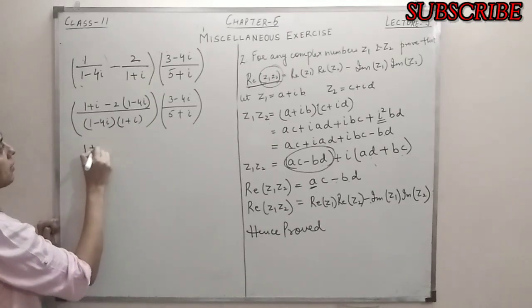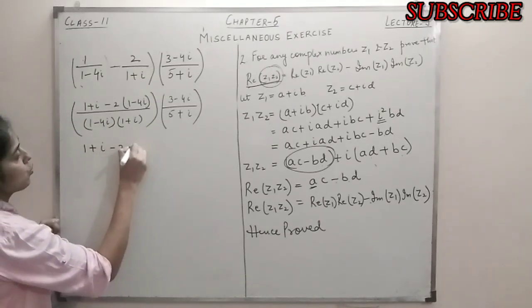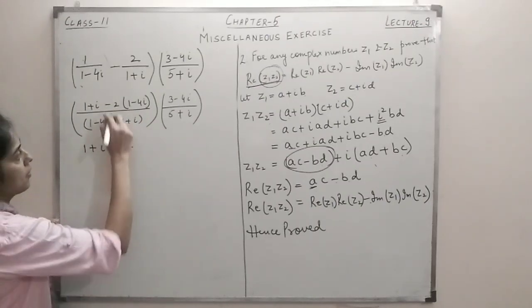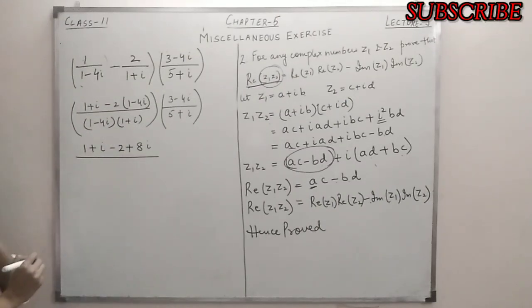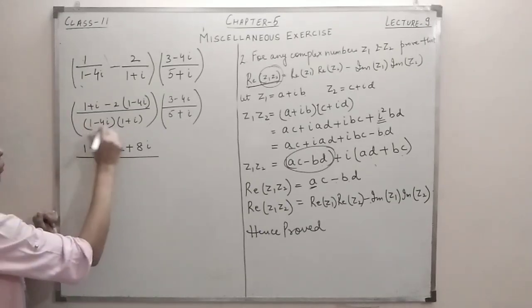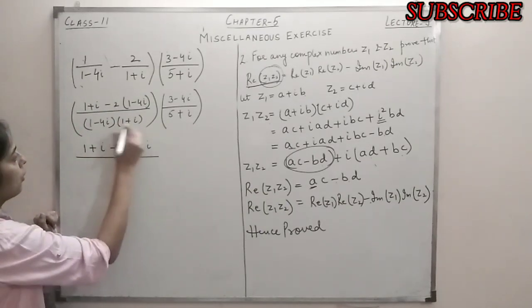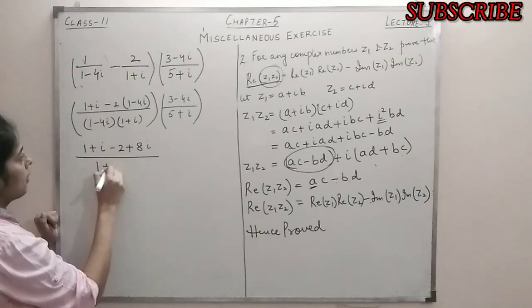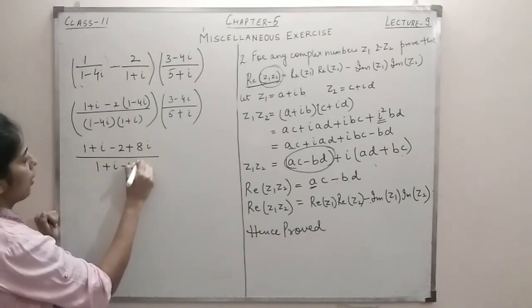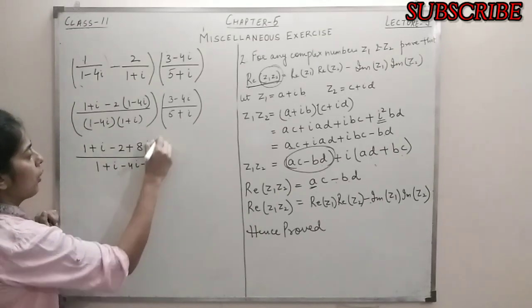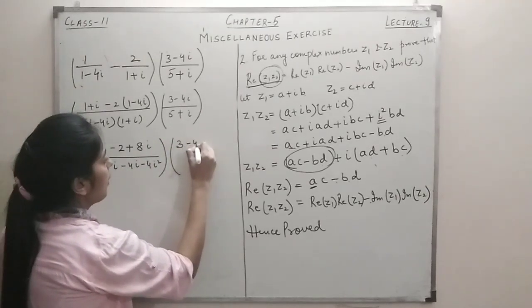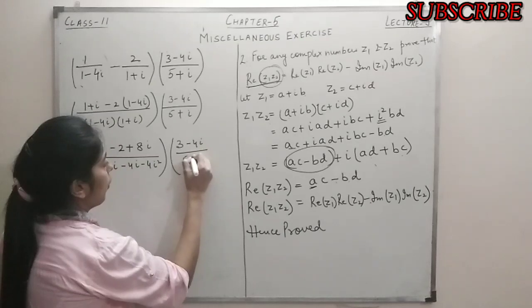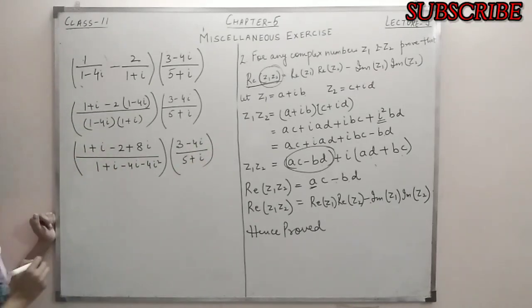That is 1 plus i minus 2, minus into minus plus, 2 into 4, that is 8i. Right? Now in denominator also we'll solve it. 1 into 1, that is 1, plus i minus 4i minus 4i square. This as it is, 3 minus 4i upon 5 plus i.